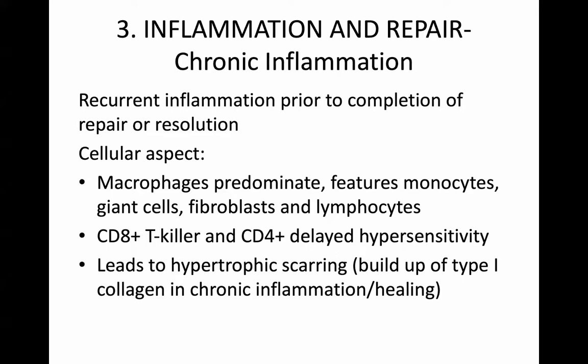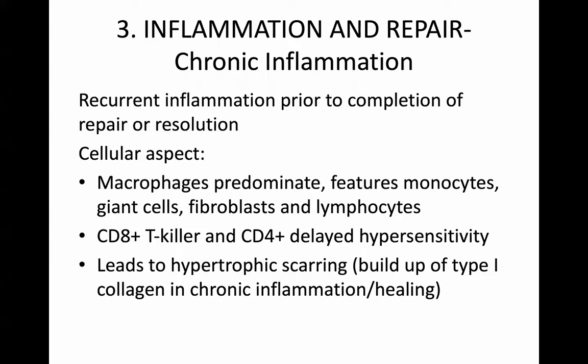Now, the cellular aspect is what is important to us because that's the most emphasized aspect of chronic inflammation. The macrophages dominate in this case, right? And then you have monocytes, those giant cells, fibroblasts, and lymphocytes. The reason is there's continuous damage at the inflammation site, and they're trying to repair, laying new cells of fibrin and also trying to shape it.